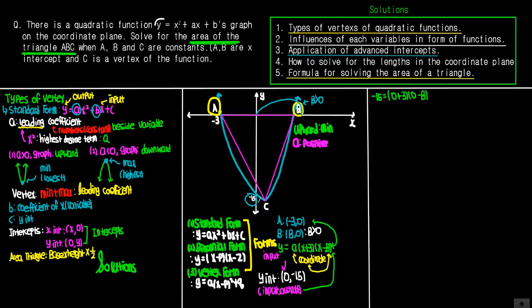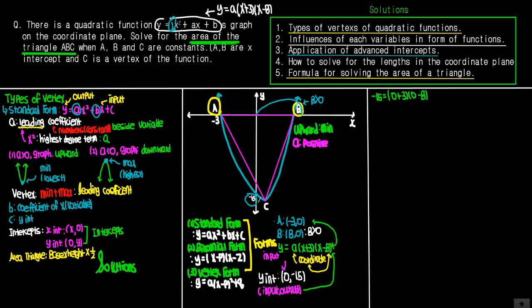Because from our original function y is equal to x squared plus ax plus b, it is exactly the same thing as y is equal to a times (x plus 3) times (x minus b), which is our binomial form that we solved. It is exactly equivalent with our standard form y is equal to x squared plus ax plus b. So if you think about what our a value is, our a value is equal to 1.